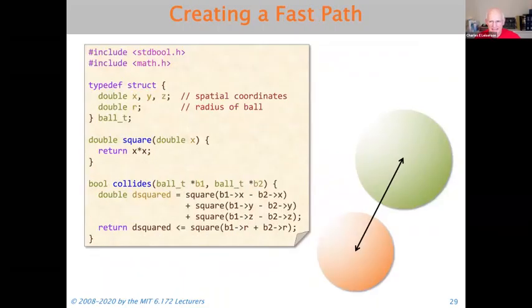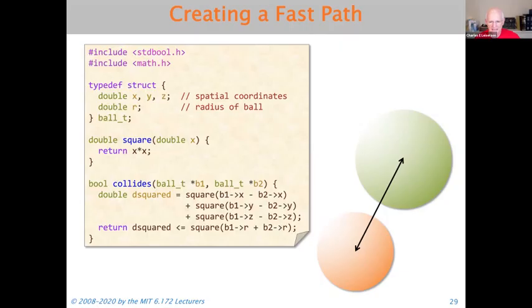The next technique, we're going to use pretty much the same example. And the idea here is what's called creating a fast path. So here's the original code. And it involves a bunch of differences and a bunch of squares and then a comparison.